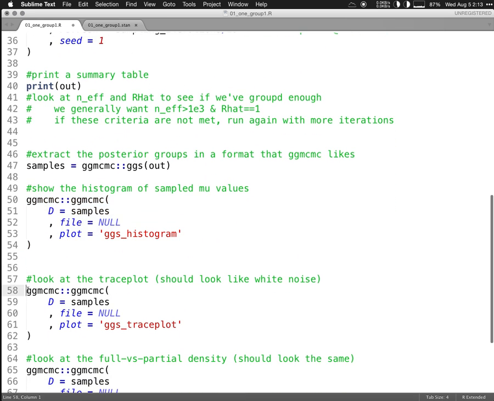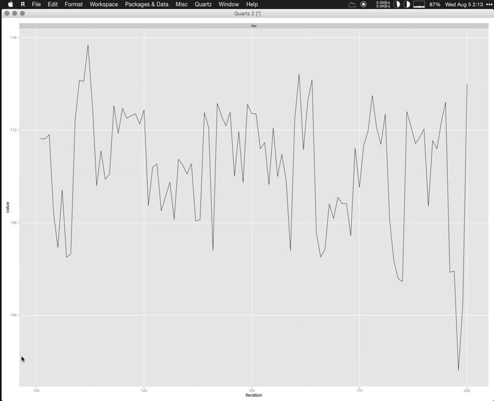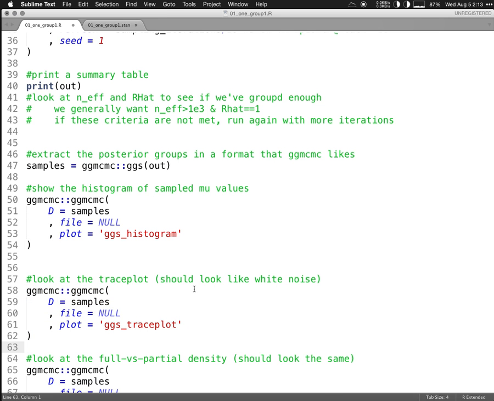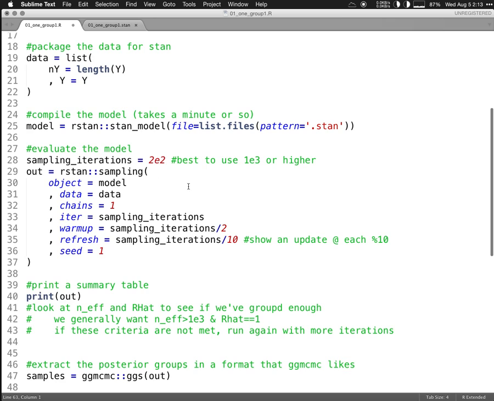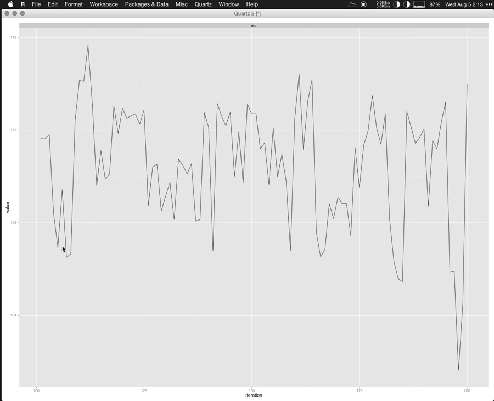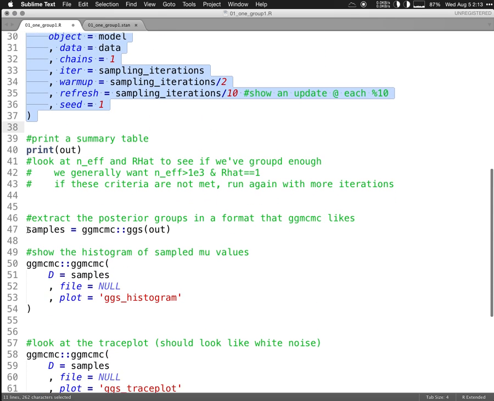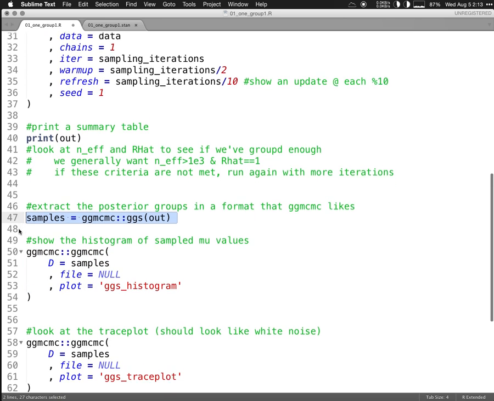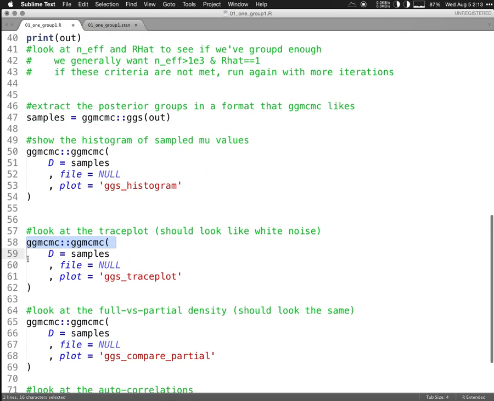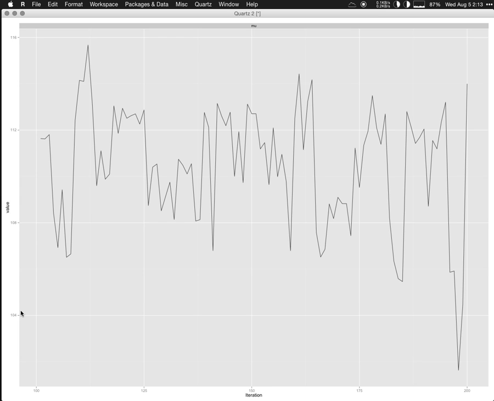And critically, if we look at the trace plot, with that few samples, it's actually a little difficult to see the problems. Maybe I'll pump it up to 2E2. It's also entirely possible that I'll have to do the walkthrough of the diagnostics in a more complicated model, because this model is pretty simple.